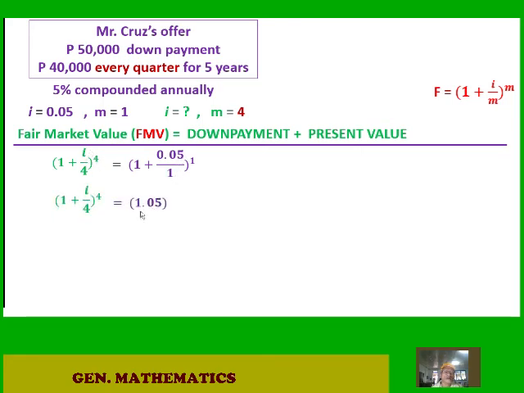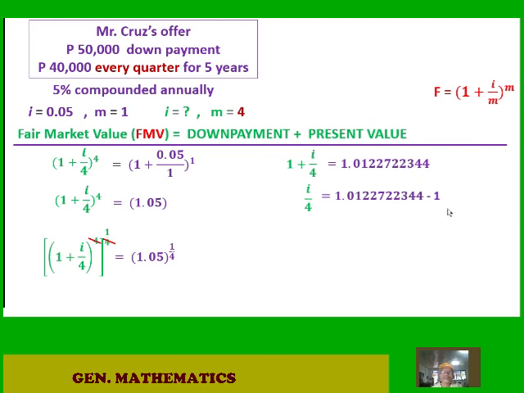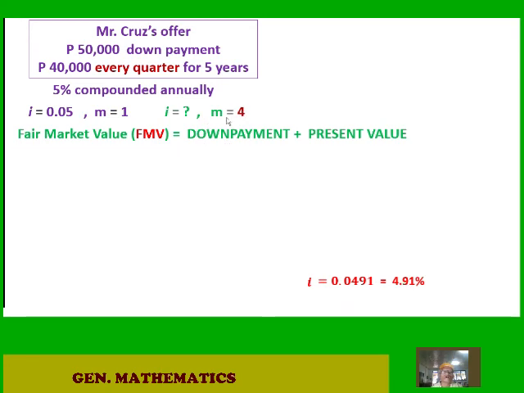Simplify this one. Now extract the 4th root of both sides of the equation so that the 4 will be eliminated. You cancel out the 4. And extract the 4th root of 1.05. This is the value. Transfer 1 to the left, it becomes negative. Subtract. Then cross multiply by 4 so that the interest rate per quarter is 4.91%. So we will use this 4.91% as our interest rate per quarter.